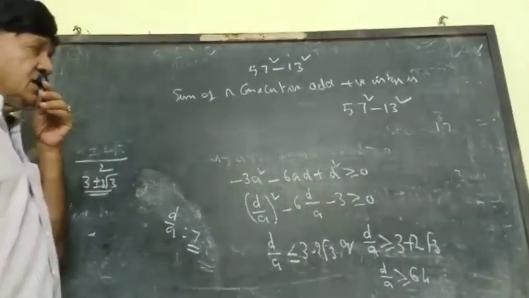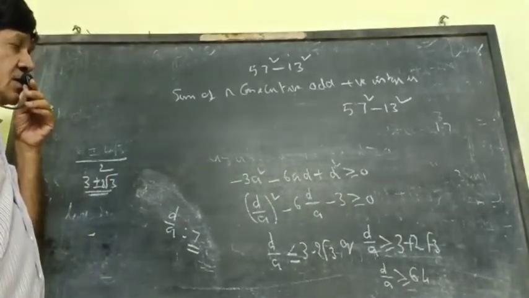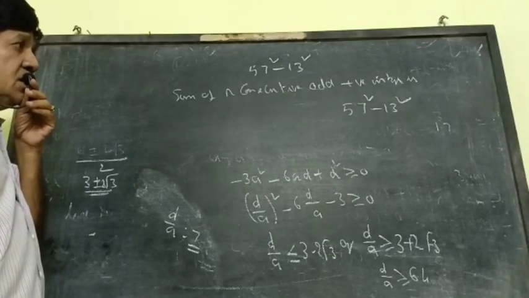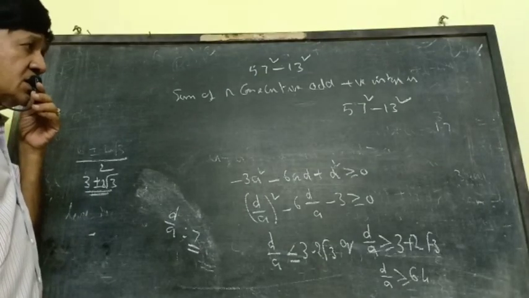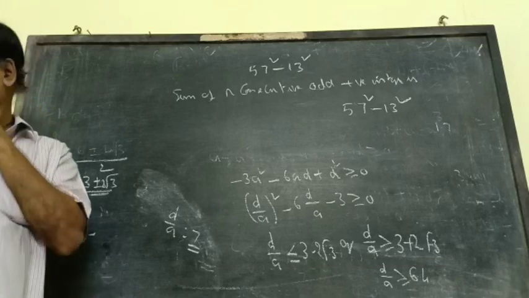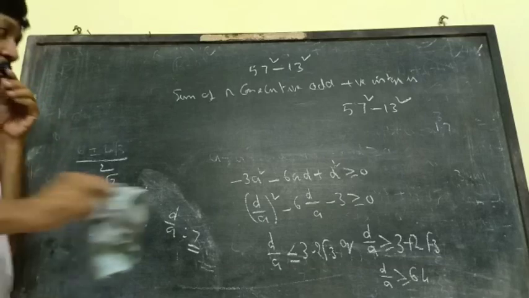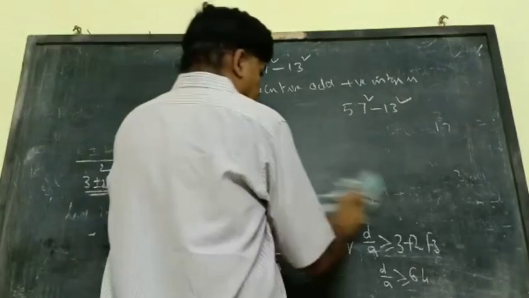Then find the value of n, and the least integer and greatest integer among them.